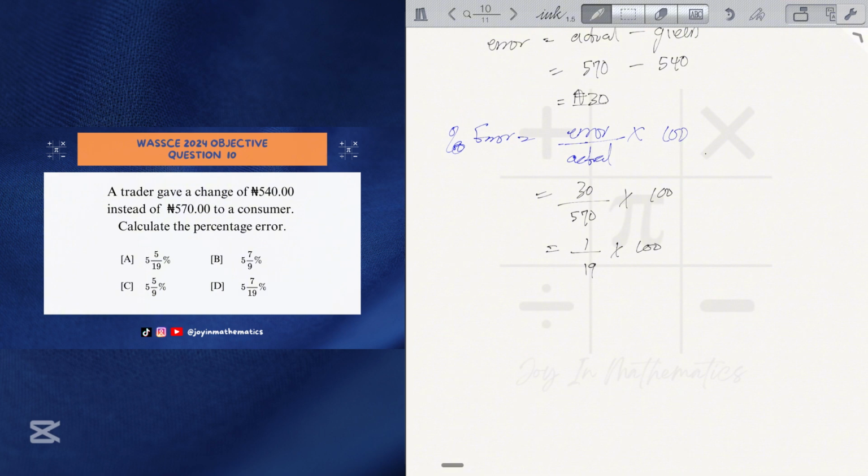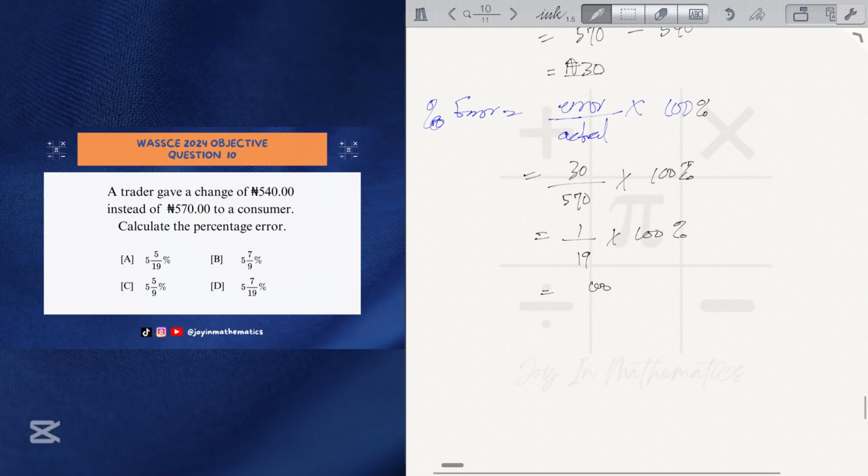So we have 100 divided by 19%. So in view of that, let's divide by 19. Dividing by 19, we'll have 5 as a whole number, and we are left with 5 over 19%. And this is equivalent to option A.